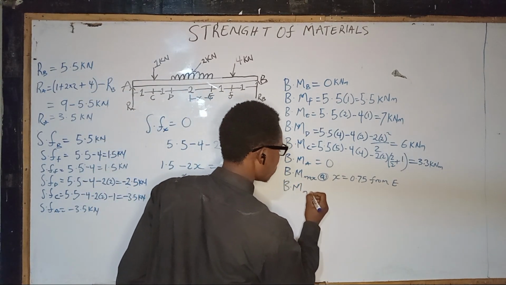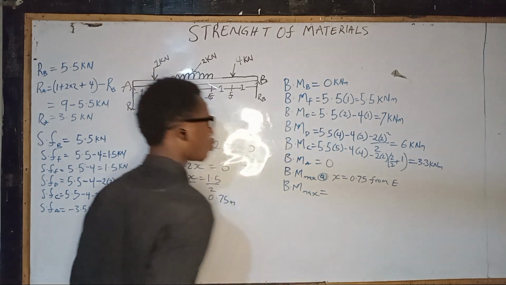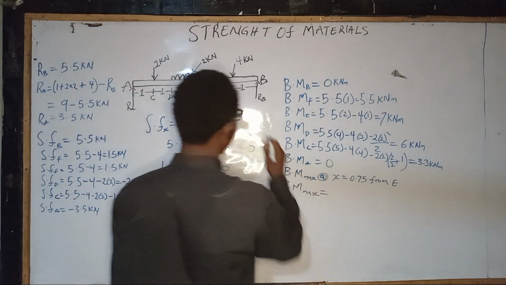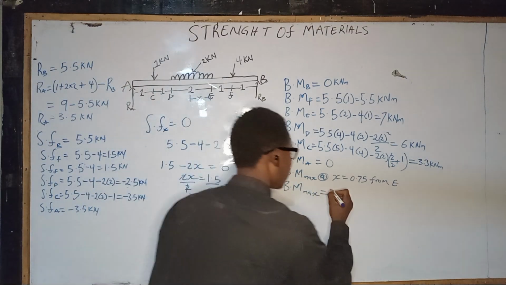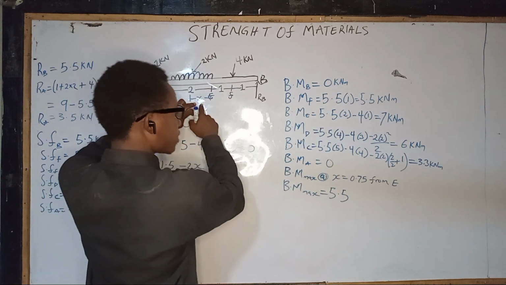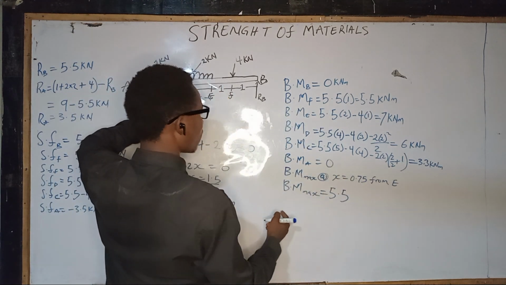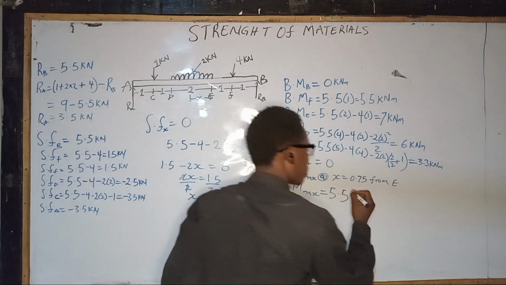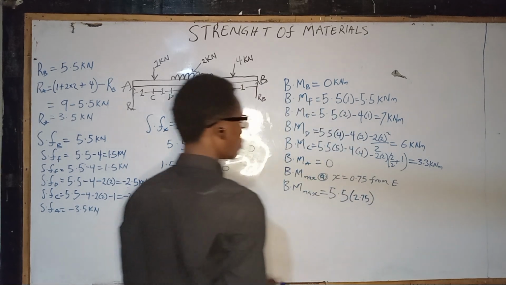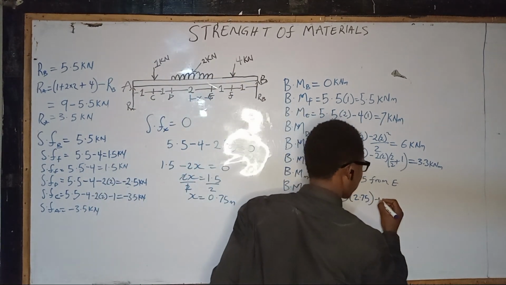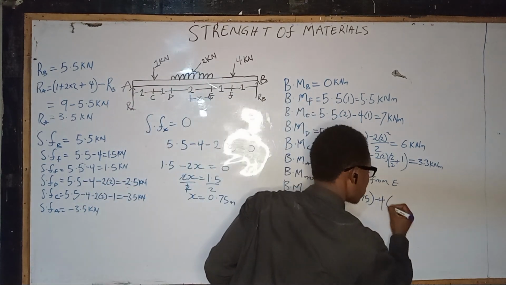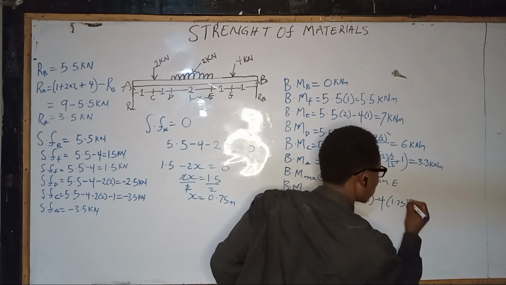Our BM max should be equal to RB times everything here. Our RB now will be 5.5 times 1 plus 1, 2 plus that distance x which is 0.75, that is 2 plus 0.75, that is times 2.75. Then we have minus 4 times 1 plus 0.75, that is 4 times 1.75.